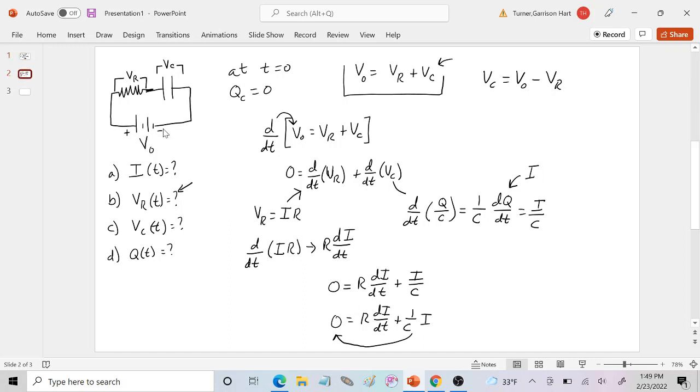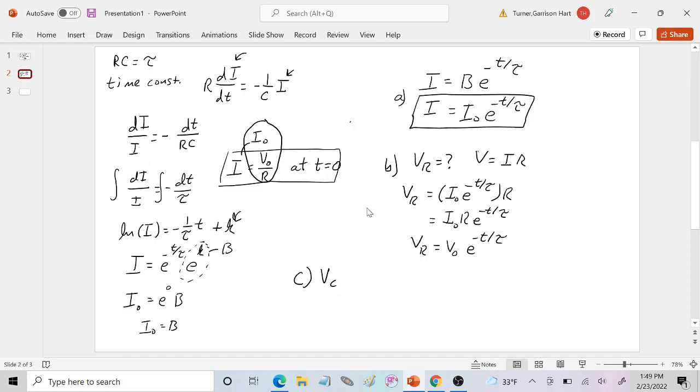So we have this condition, and this is going to be V0 minus V0 e to the negative t over tau. And if I factor out my V0s, this is V0 times 1 minus e to the negative t over tau.